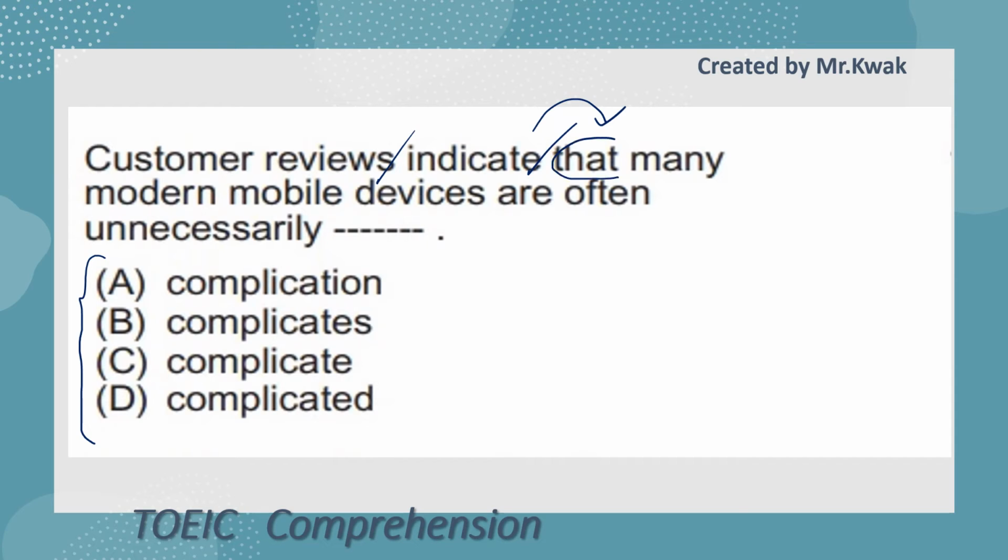The something here is that many modern mobile devices, such as IT devices, are often unnecessarily complicated. This means recent devices are often too complicated. Unnecessarily means too complicated, even though it's not necessary. That's why we have to put an adjective.